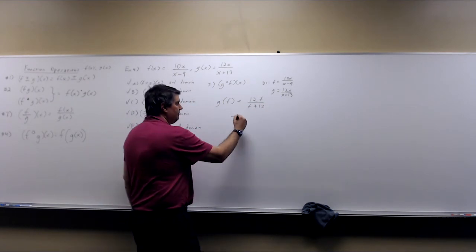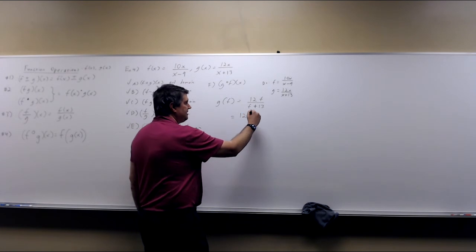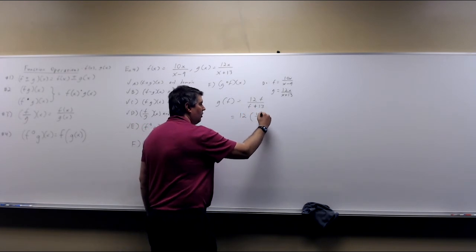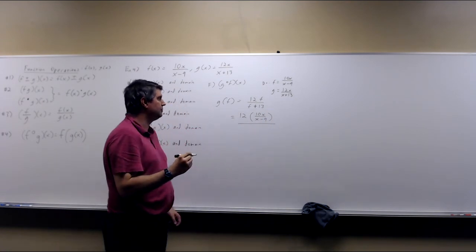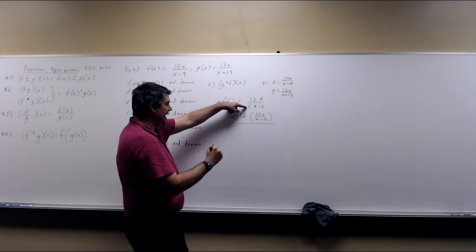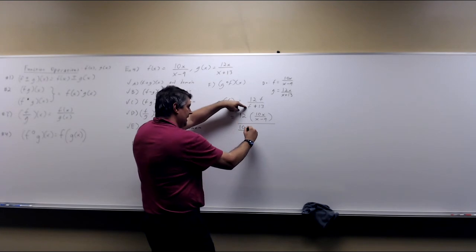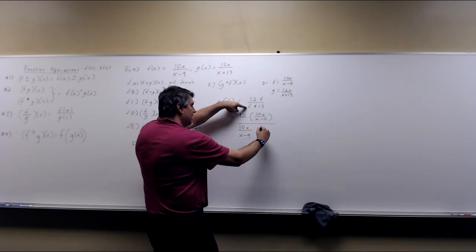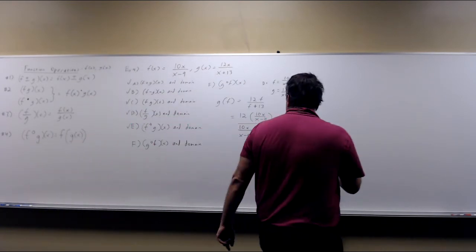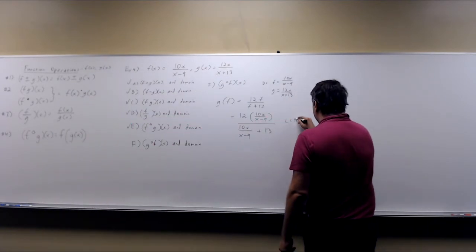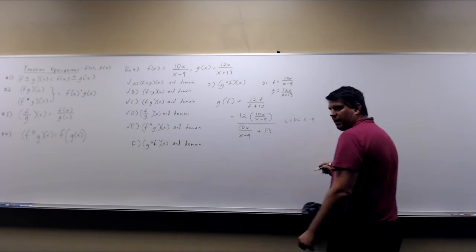And that's going to give me 12 times f, which is 10x over x minus 9, over f, which is 10x over x minus 9, plus the 13. And the LCD of the whole thing is x minus 9.